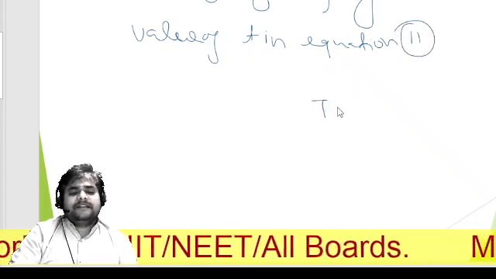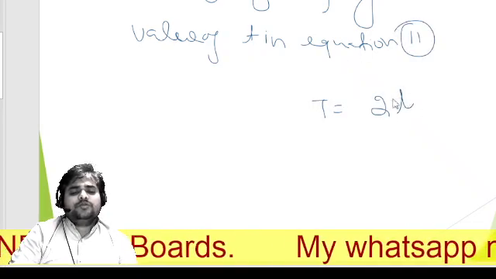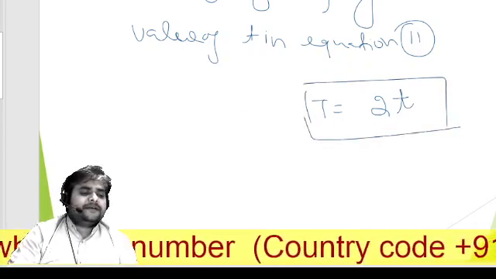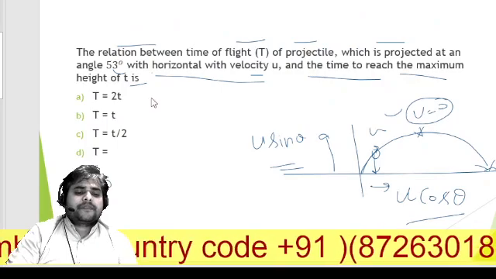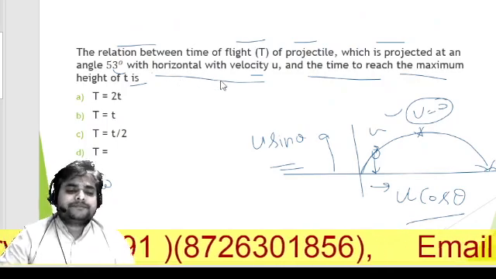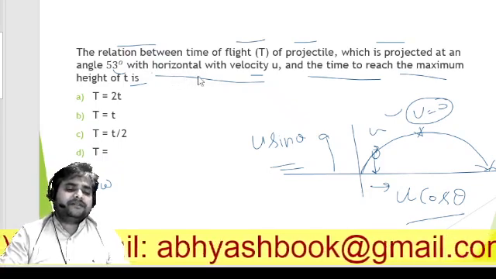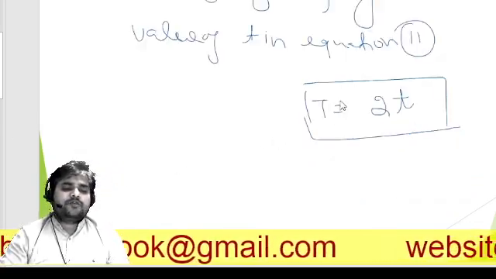So from this we will get T equals 2 into small t. So this is the relation between the time of flight of the projectile and the time at which the object was at the highest point. So this is the required relation.